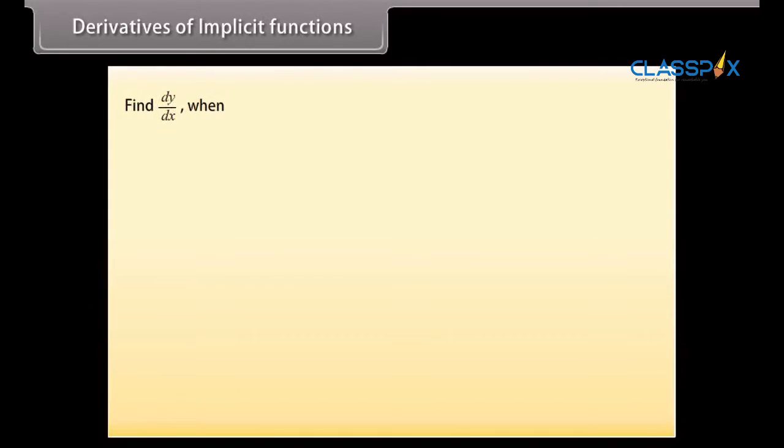Derivative of implicit functions. Find dy by dx when x square plus x square y plus xy square plus y cube is equal to 47. Solution. Given x square plus x square into y plus x into y square plus y cube is equal to 47.